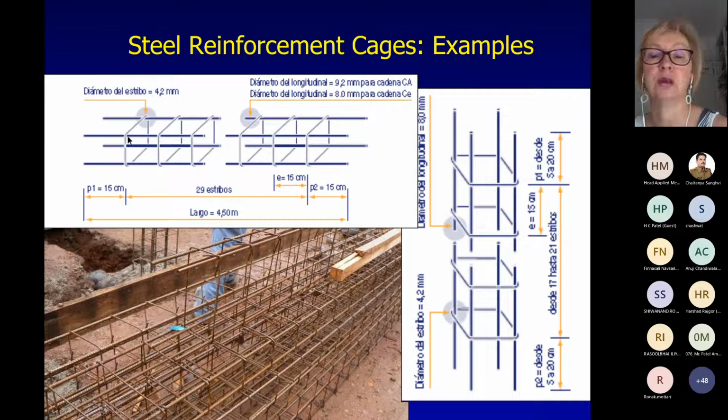So I have seen many examples of small size ties, diameter ties like 4 millimeters, but they also, in the right hand side, they have 8 millimeter ties. Or they have 8 millimeter bars, but ties are still 4.2. So these prefabricated cages use very small size bars and small size ties.